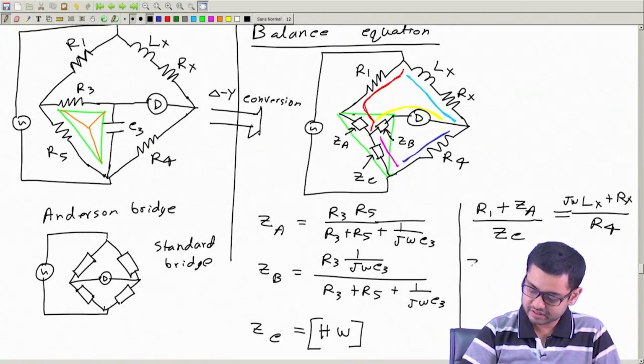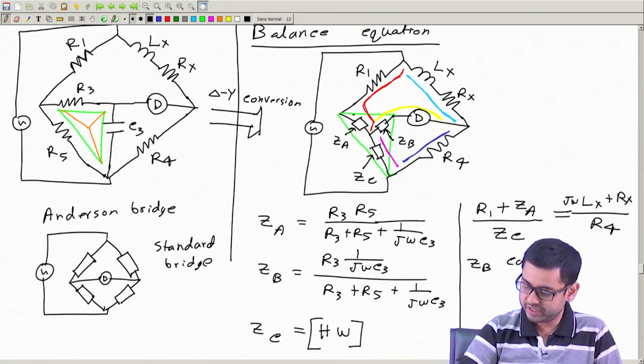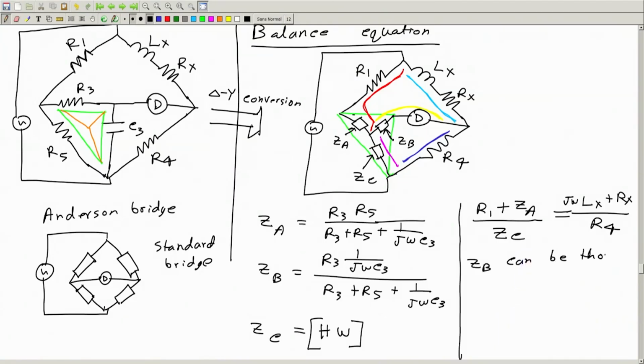ZB can be thought of as the internal impedance of the null detector.